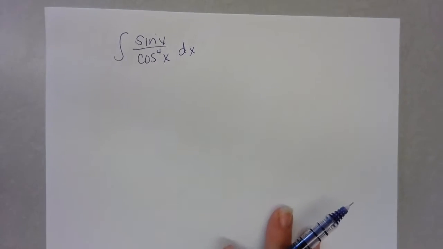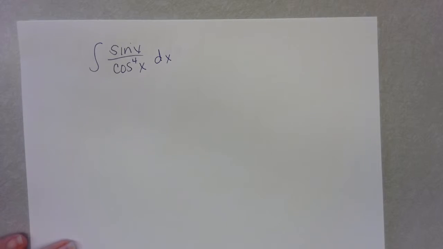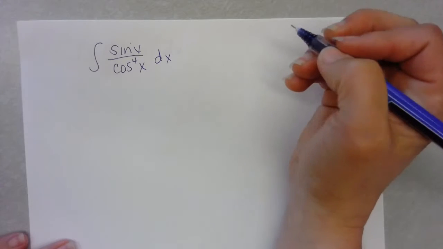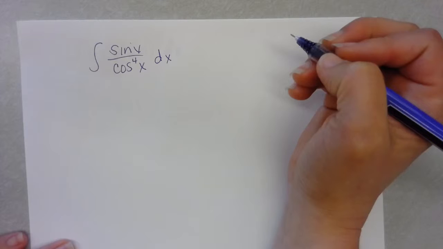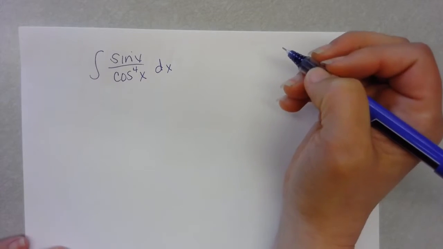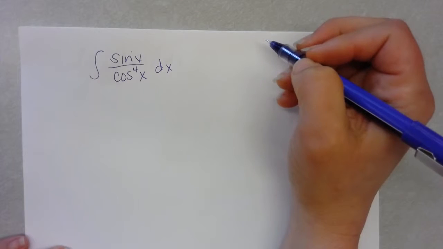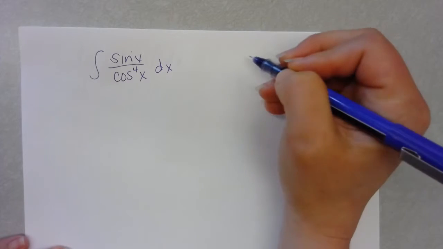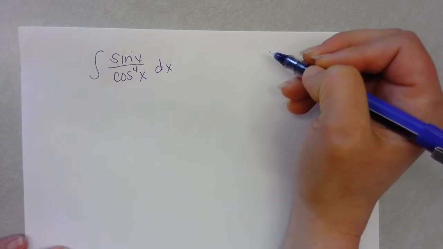Okay, so I have sine of x over cosine to the fourth. So in this particular case, I want to think the u substitution undoes the chain rule. Okay, so the chain rule means that it's always inside of something else. That's kind of the way to look at your u.